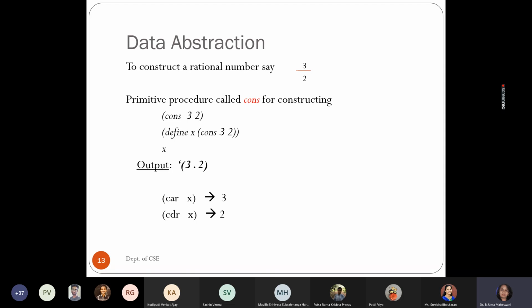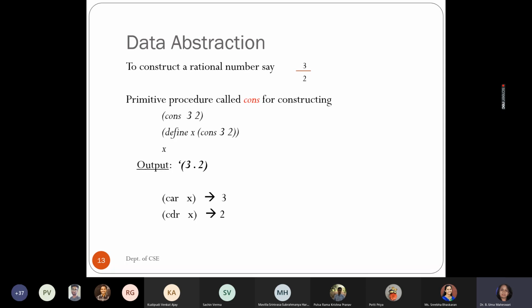Now consider, I would like to write a package for applying some operations on rational numbers. I want to add two rational numbers, subtract one rational number from another, multiply two rational numbers. I can do many other operations.